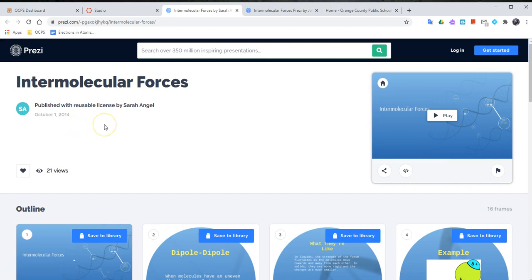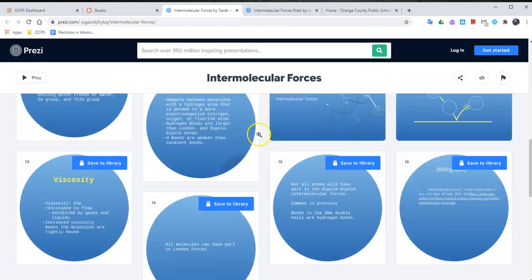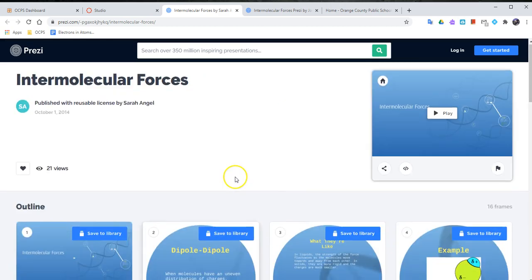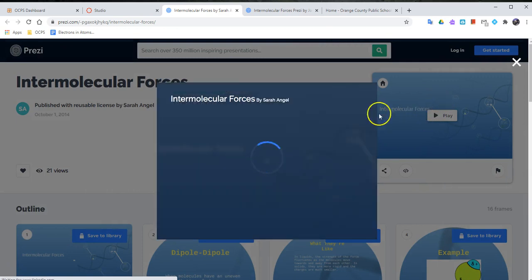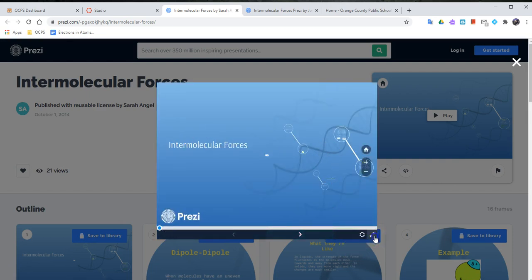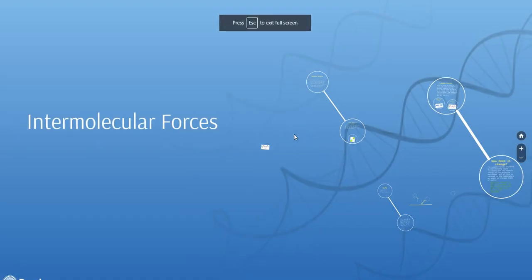All of the factors that affect that have to do specifically with the intermolecular forces, or the forces that are in between the molecules. There are a couple of forces that are in play, and we're going to do a brief overview of them first, and then go into a little bit more detail on them in just a second.